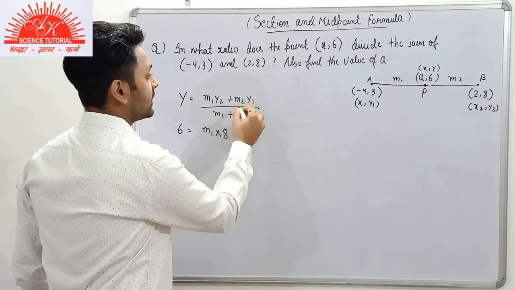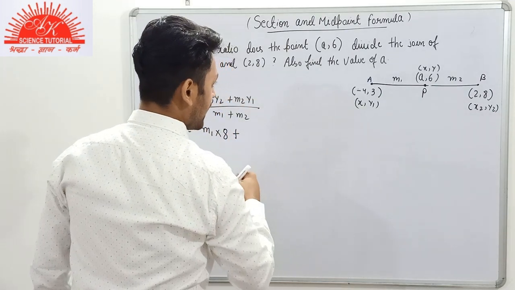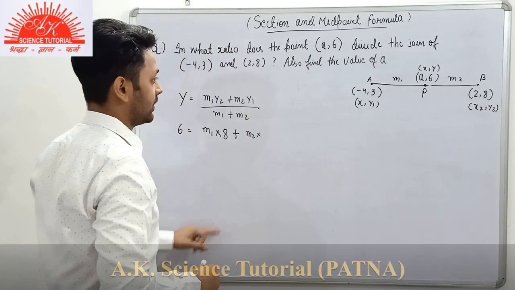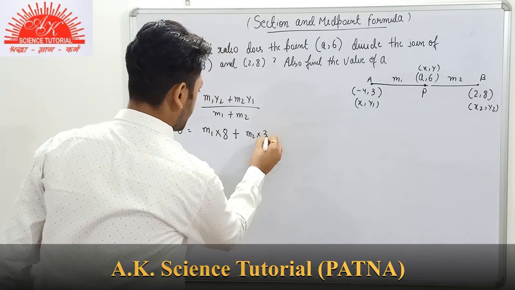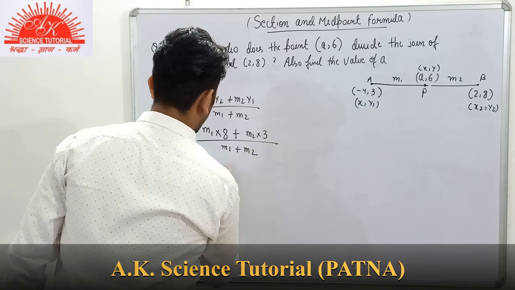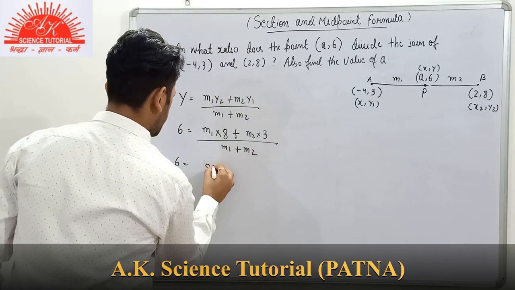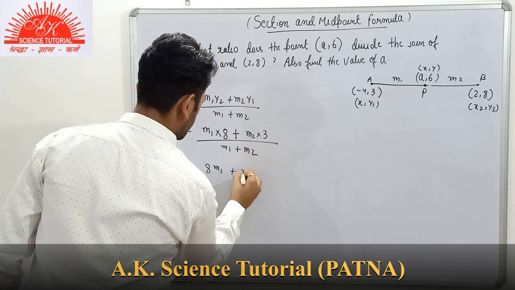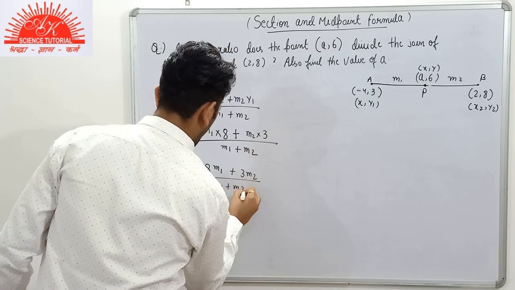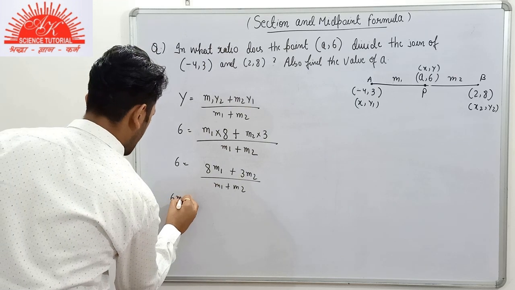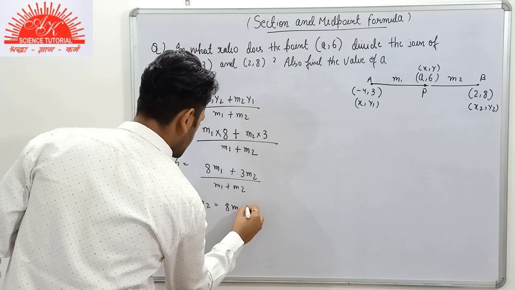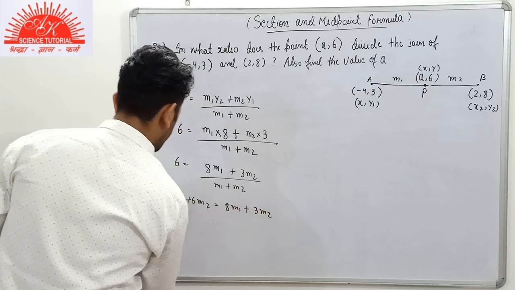Again we will add m2 multiplied by y1. The value of m2 is unknown to us. We will multiply it with y1, that is 3 here, all over m1 plus m2. On cross multiplying, we will get 6m1 plus 6m2 is equal to 8m1 plus 3m2.